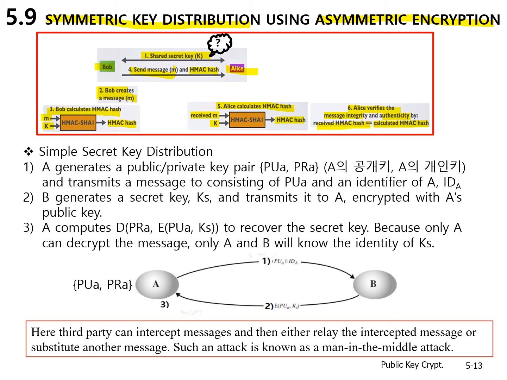Then let's see how this can be performed: how they share the secret key K. This shows how Alice and Bob share the secret key KS.